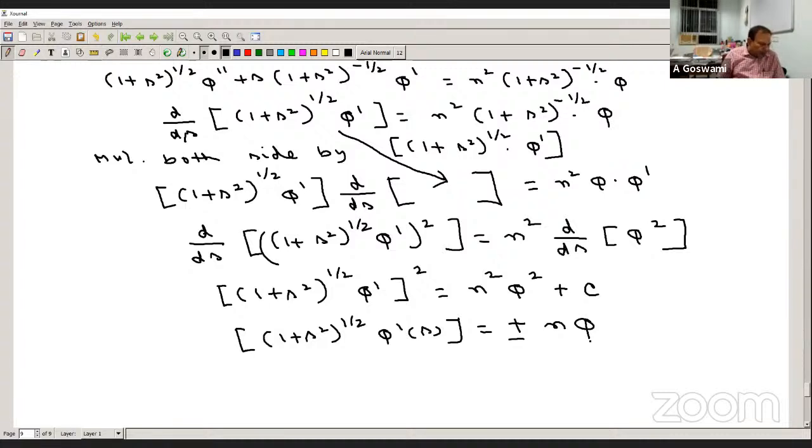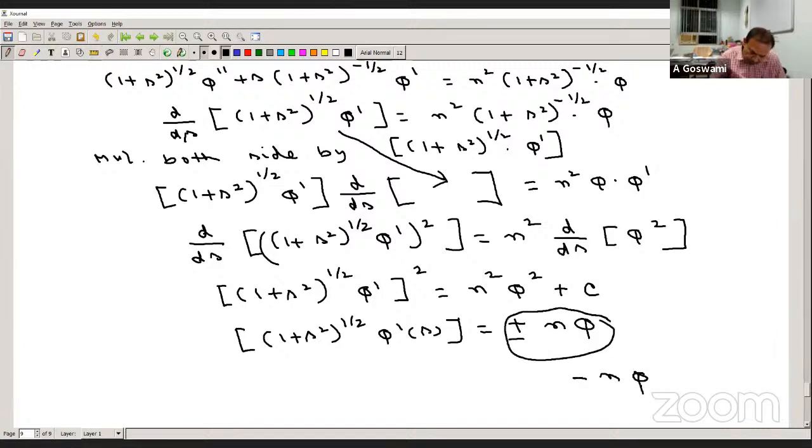Now, checking with the known formula, for n equals 1 we have to choose minus and find out the φ from here. I am not going through the entire calculation.